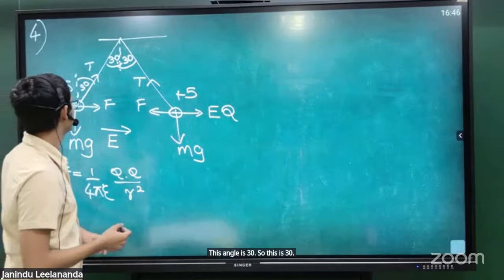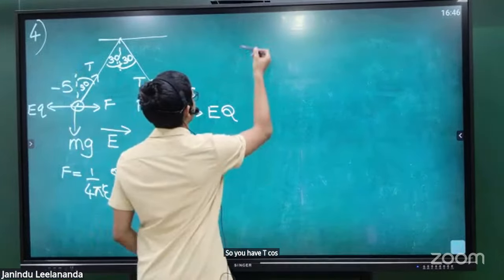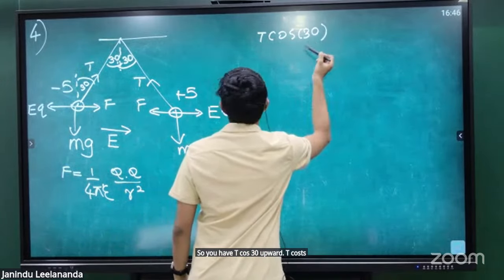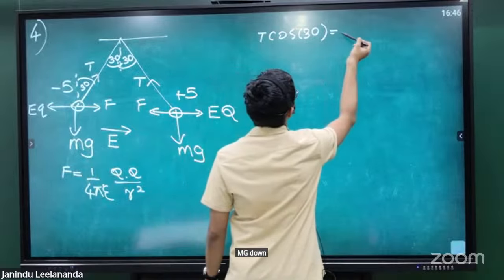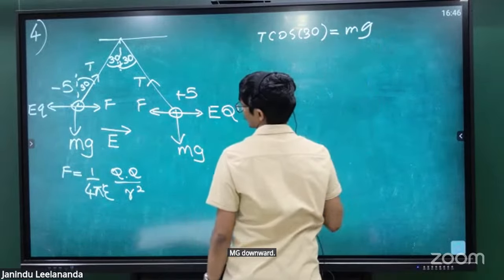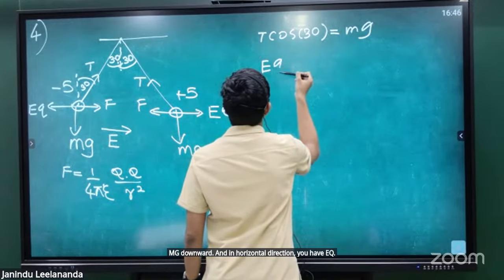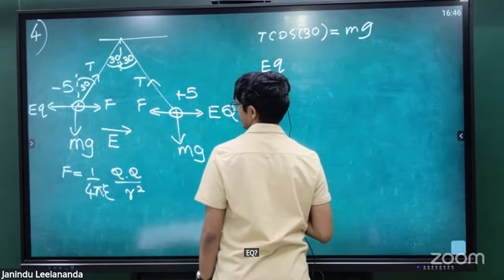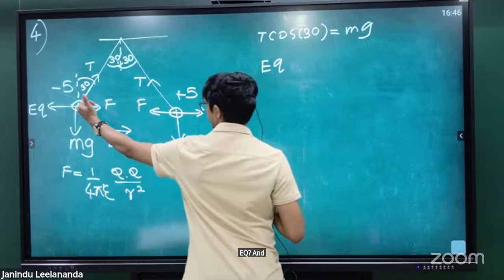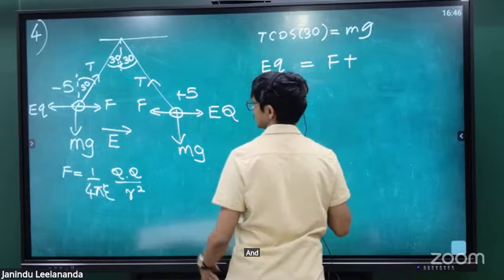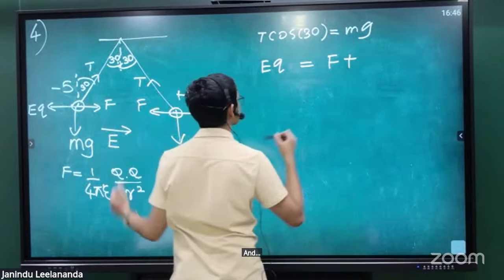So you have T cos 30 upward, mg downward. And in horizontal direction, you have EQ, and in opposite direction you have F and T sine 30.